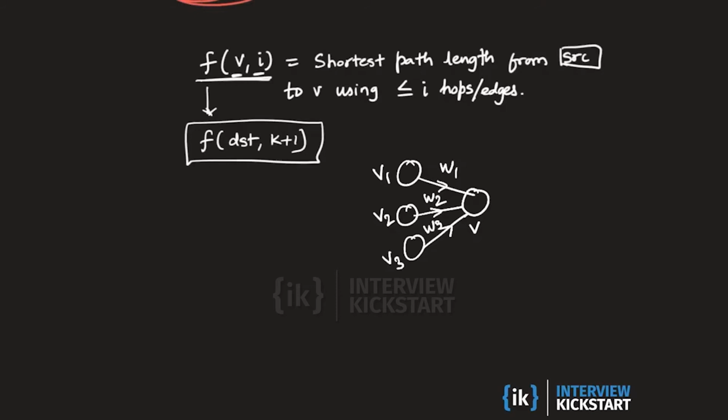So if I had to express f of v comma I in terms of smaller subproblems, how would I do that?